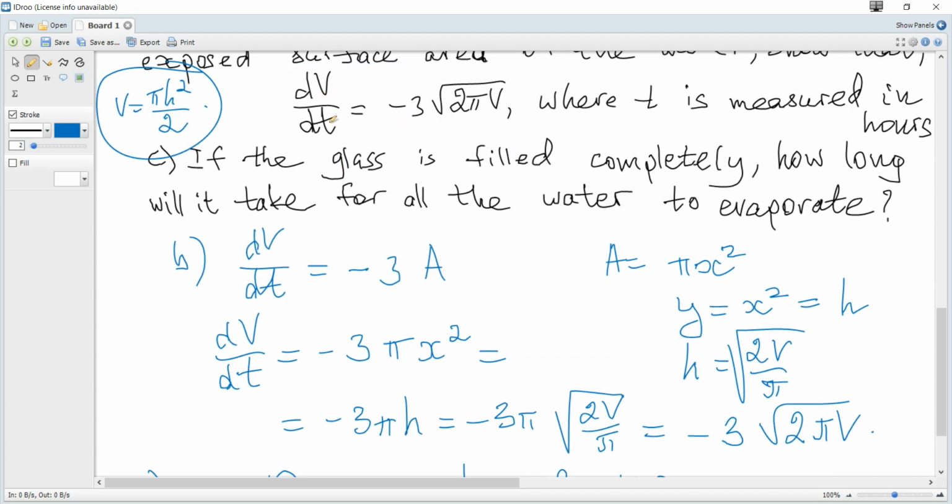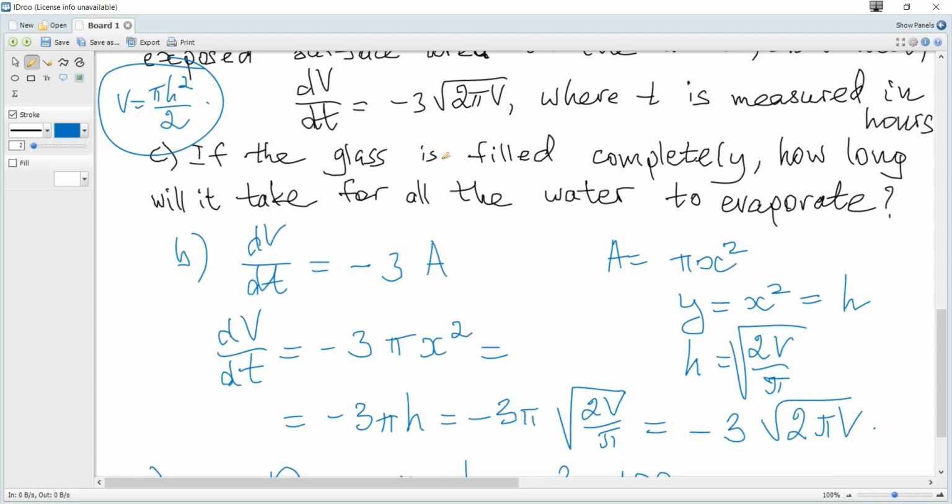We should consider this differential equation, and actually we need to solve it. How to do that? We can separate variables, and it's called solving by separating variables.